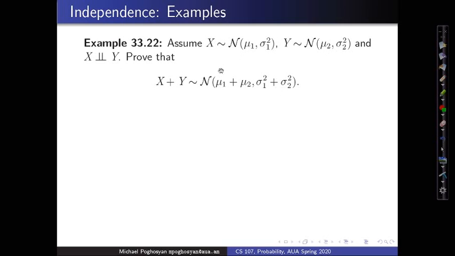So the mean is the sum of means, and variance is the sum of variances, in the case when X and Y are normal and independent. I will not prove this, this is technical. I'm just giving it as a fact for you.